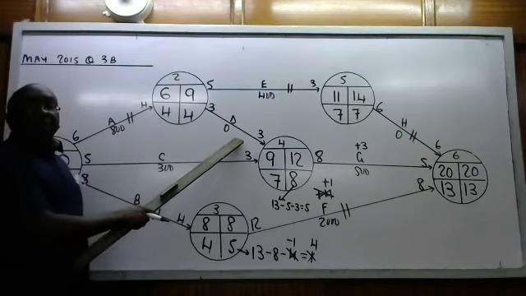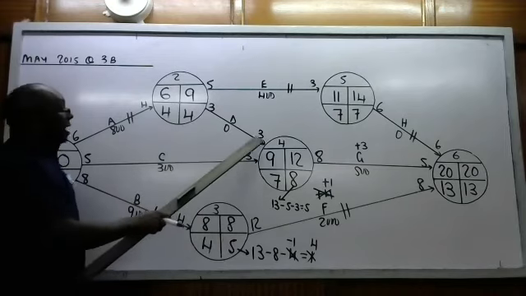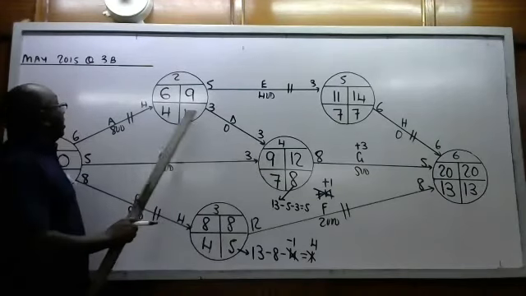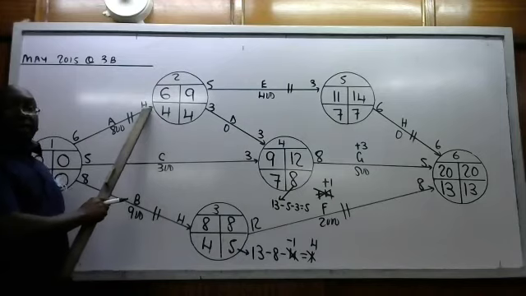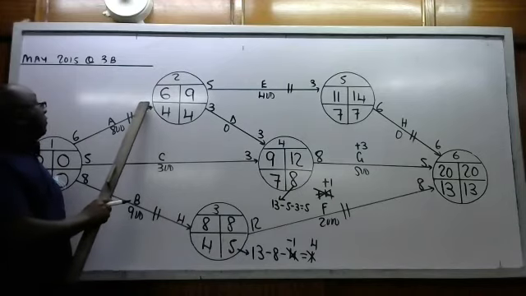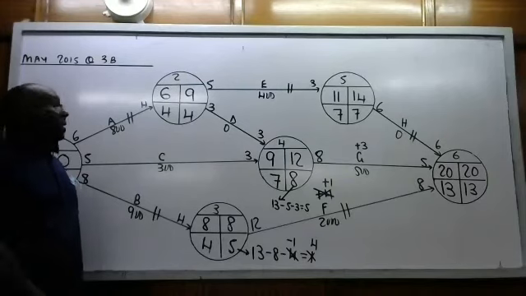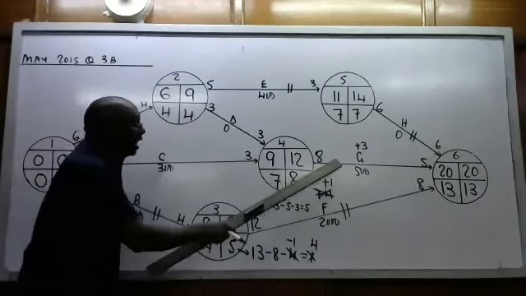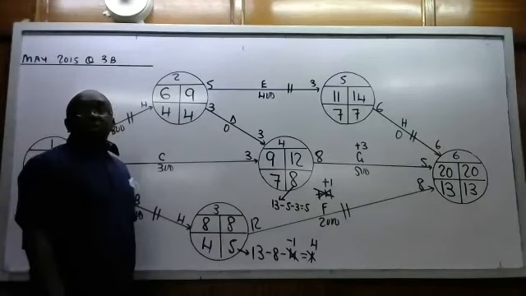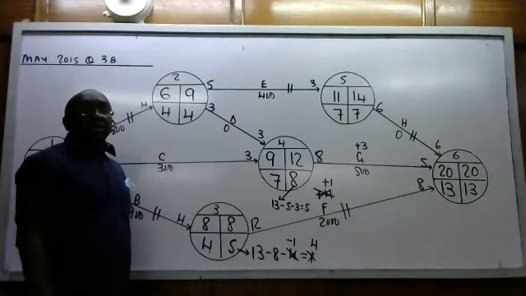Going back to D. Now D must take 3 days, and also A must take 4 days, and we must consider both. So 4 plus 3, that is what? 7. So if it finishes by day 7, do we allow G to finish? No, it will be late by 2 days.